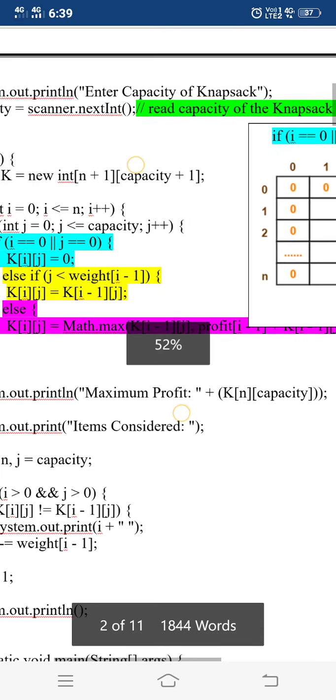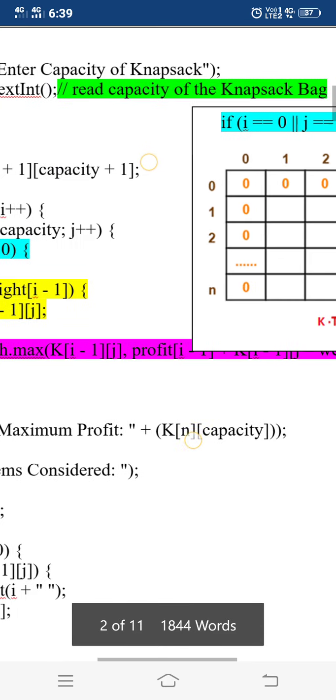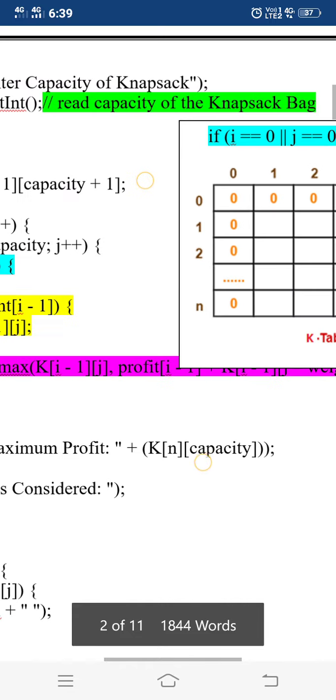Otherwise we will be considering the maximum value. Here we will be using two values.